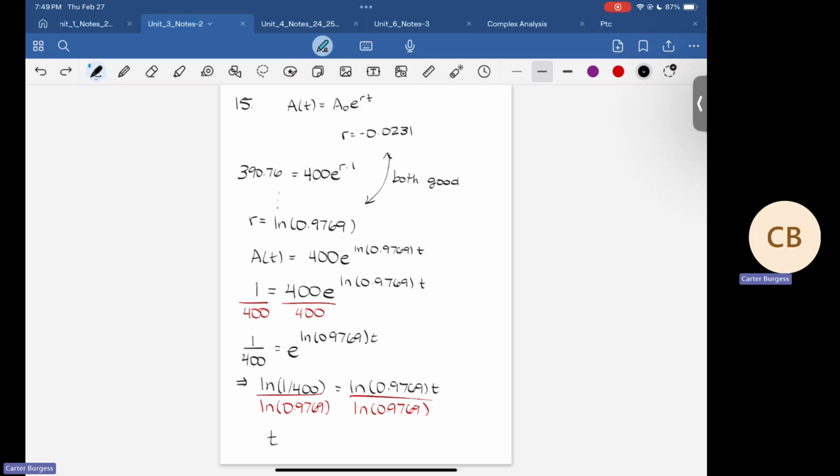Okay, yeah, this is about 256 years. And I think if you use the other one, it works out to be about 259, although let me confirm that. I can confirm that very quickly. Divided by negative 0.0231. Yeah, you get like 259 here. You get like 256 for the one that I used. So relatively close. I know they're slightly off, but good enough.